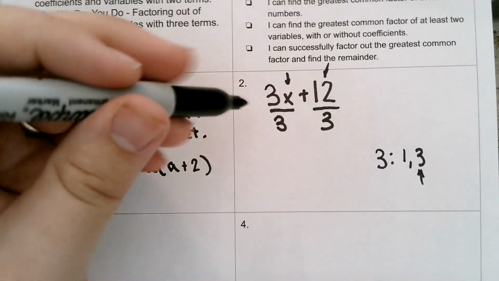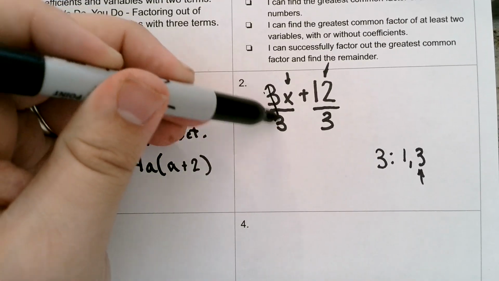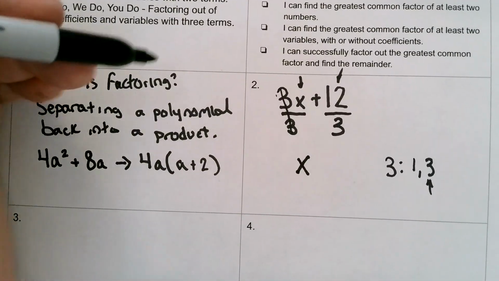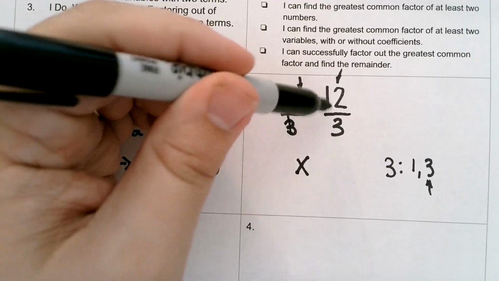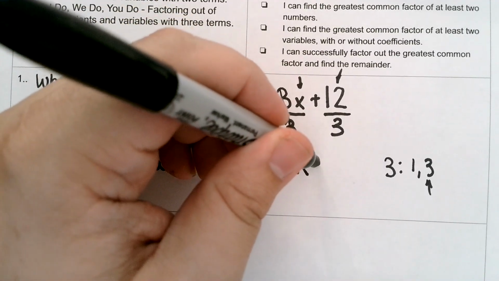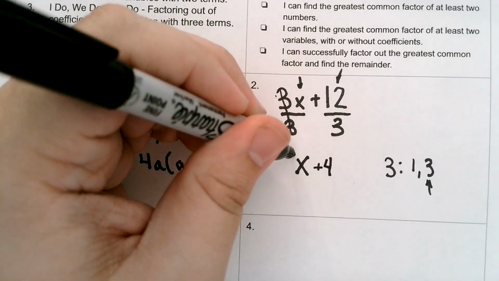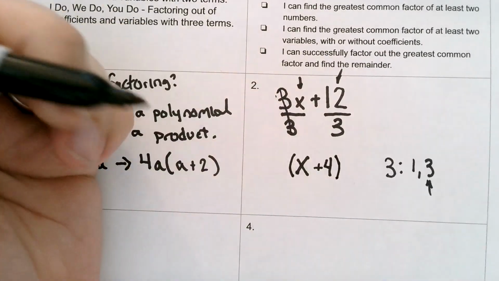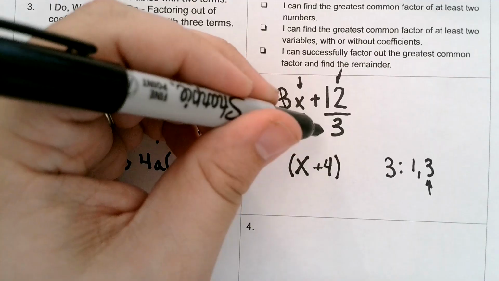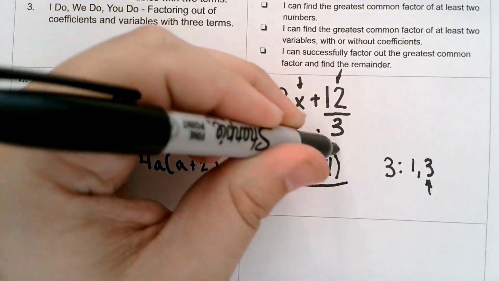So now we're going to do division. 3x divided by 3. The 3's will cancel out, and that'll leave you with only x. 12 divided by 3. I can go to my calculator. I can check, 12 divided by 3 is positive 4. I'm going to take my two terms, put them in parentheses, and then stick my GCF, which is 3, outside the parentheses.